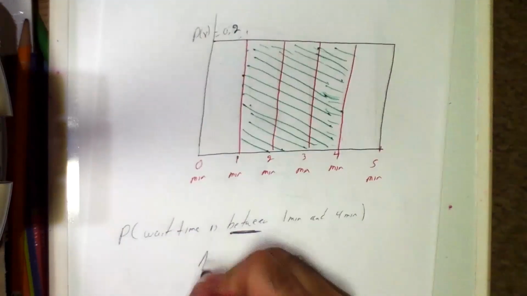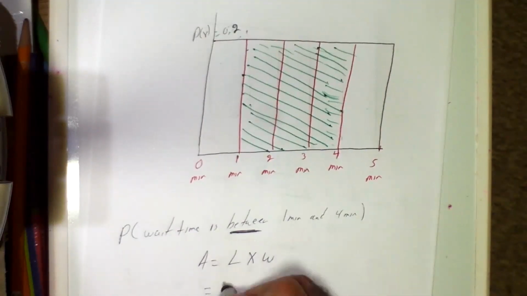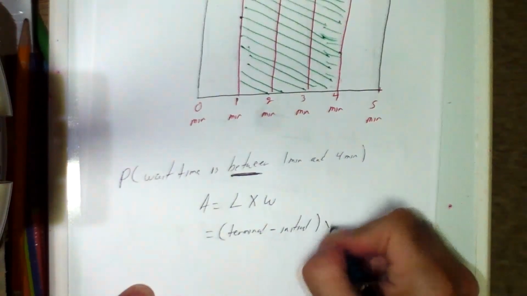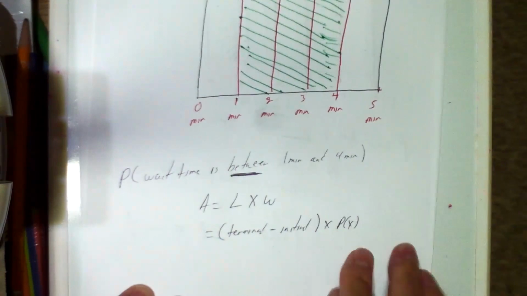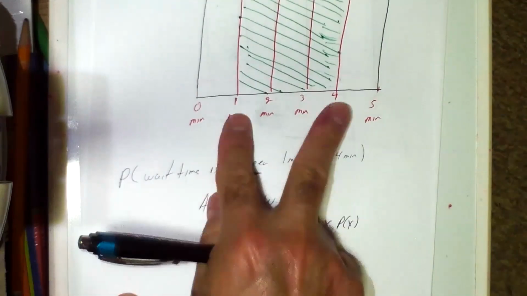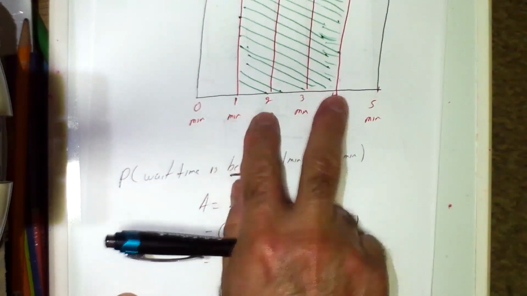So how do I find the area? Area equals length times width, where length is terminal minus initial, times my P of X. Remember, the length is the start and finish of the green section. So there's your initial and your terminal.